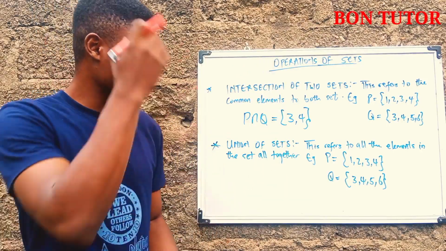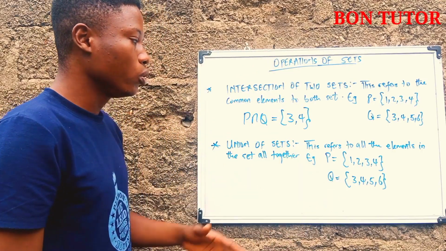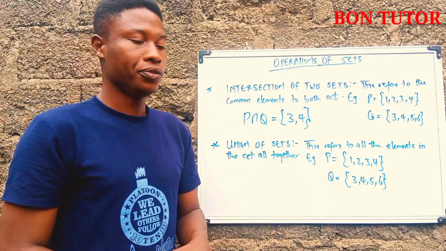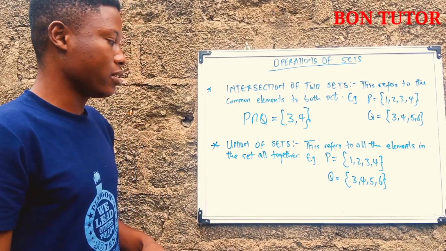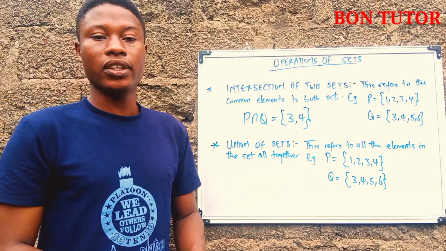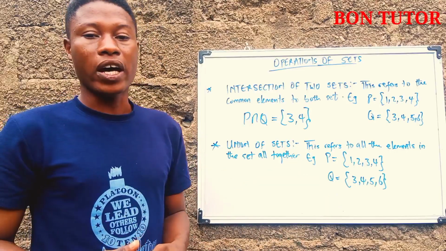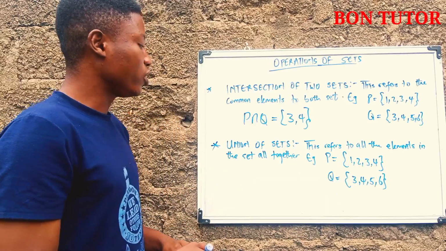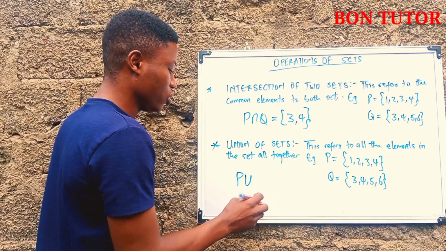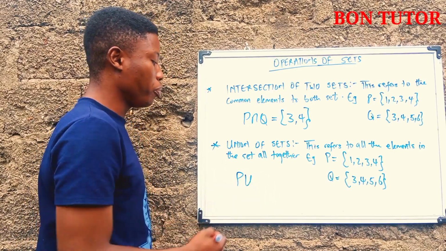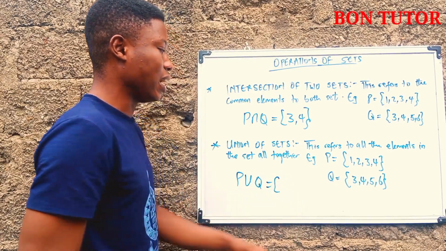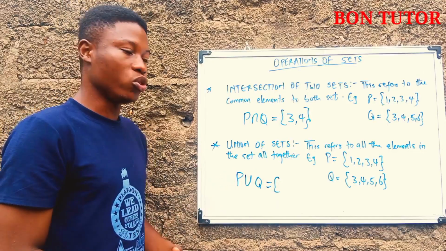Let's take for example, you have P equals {1, 2, 3, 4}, and you also have another set Q equals {3, 4, 5, 6}. If you're looking for P union Q, it will be the elements that are in both sets, bringing them together.